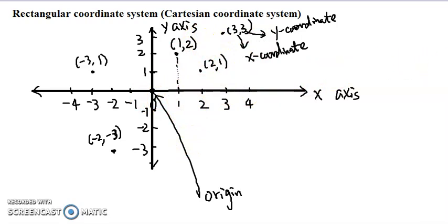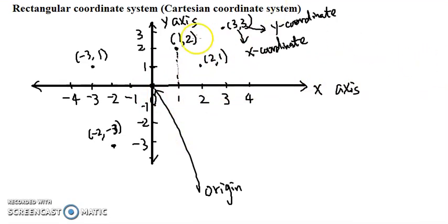Why do we have this system? Calculus was created with this system. Calculus was invented by Newton and Leibniz, and because calculus studies functions and the movements of objects, with this we can track any moving object.